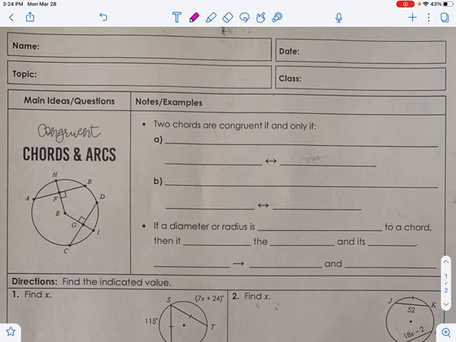Okay, congruent arcs and chords. A lot of words, but it's okay. Two chords are congruent if and only if the corresponding arcs are congruent.